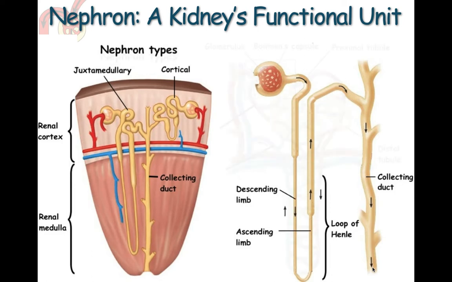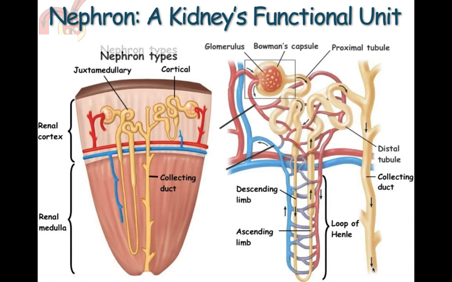In reality, this nephron is completely surrounded by a network of arteries, veins, and capillaries because in addition to the glomerulus and Bowman's capsule being a site of excretion and reabsorption, the entire nephron itself is a site of reabsorption. So everywhere along the loop of Henle is a potential site of reabsorption, and so this is critical to the function of the nephron itself.